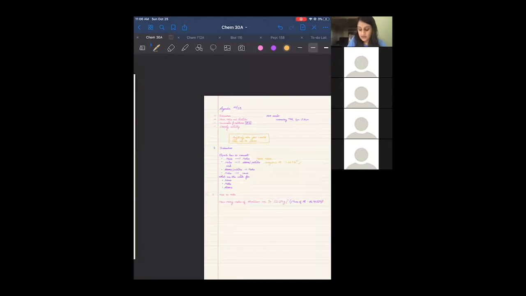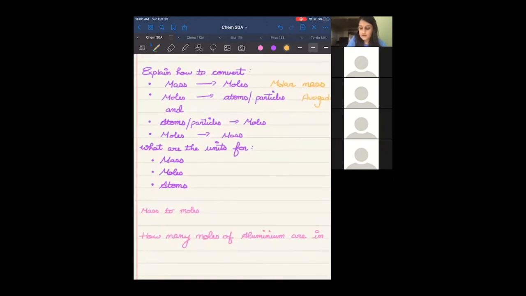And again, here it's the vice versa. Here we need Avogadro's number, and here we need molar mass. Then what are the units? How do we write mass, moles, and atoms?